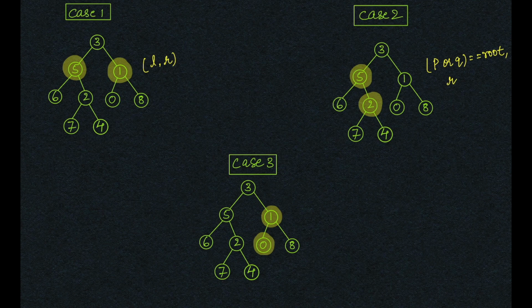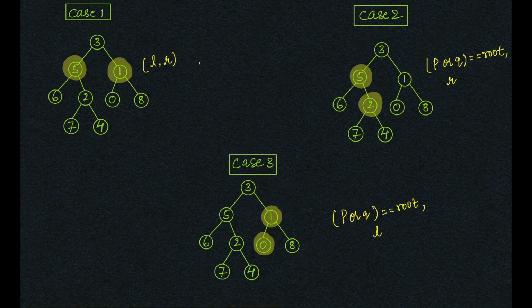If we go to case 3, then my P or Q is equal to root, and the other node exists in the left subtree of the given tree. So in this case, it is going to be P or Q equal to root and the other in the left. If we consider all these three cases, and want to arrive at a formula that we can use for all of them, it is going to be like this.